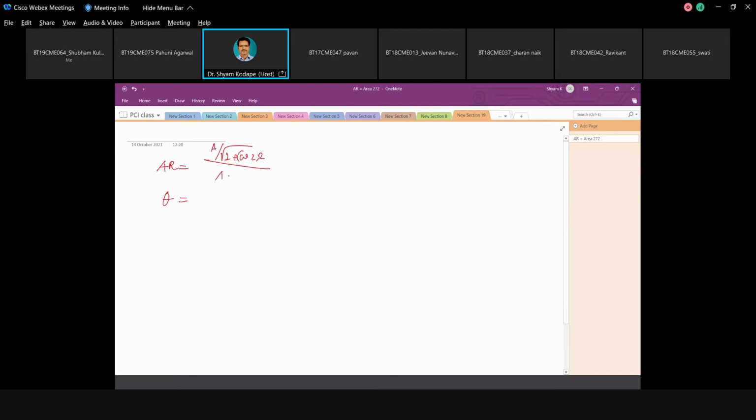It was A. So the amplitude ratio is 1 upon under root 1 plus omega tau square. Theta is tan inverse of minus omega tau. So these are the two characteristics of the sinusoidal wave, or the response.